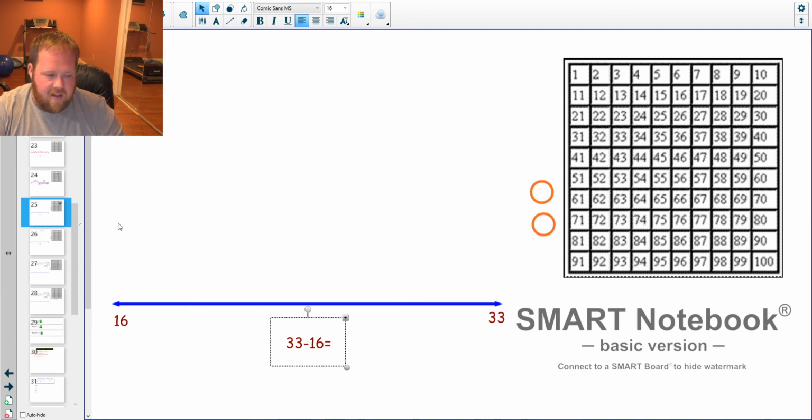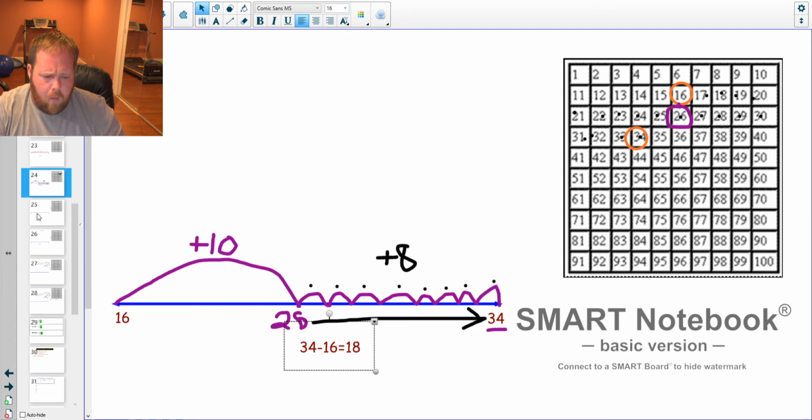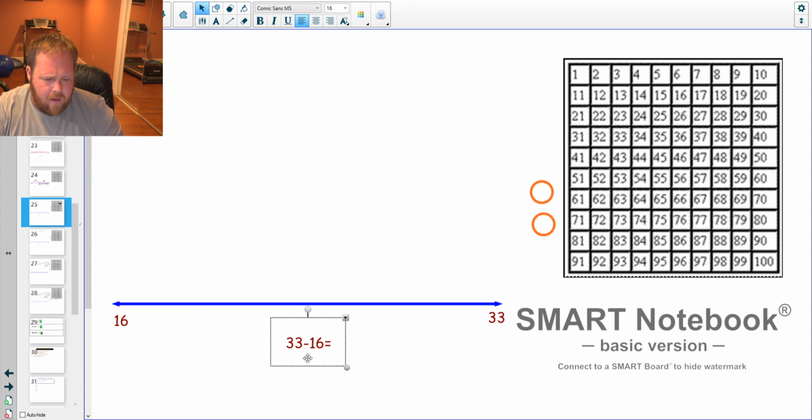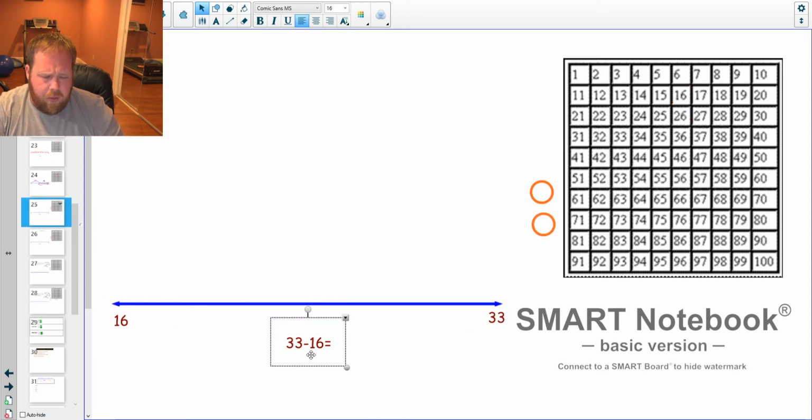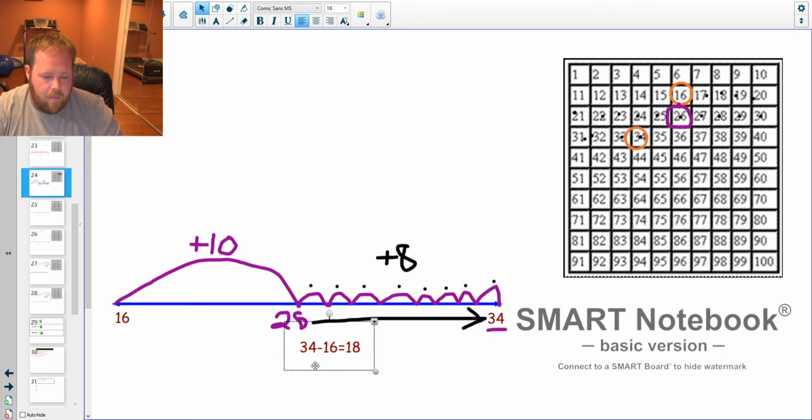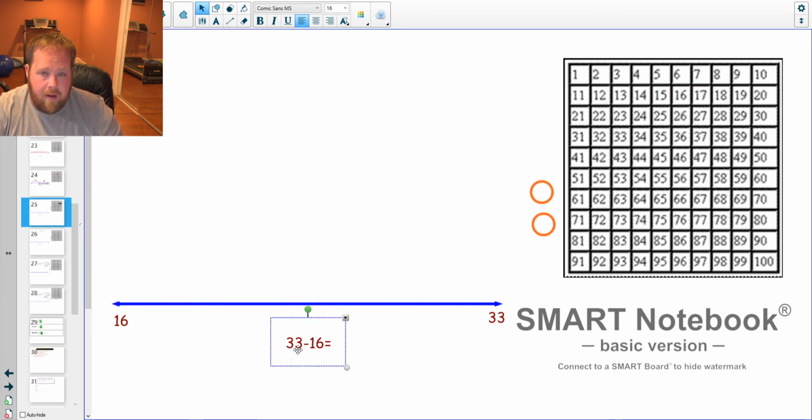Oh, all right. See, this one is a little bit different. Instead of 34 minus 16, it's 33 minus 16. We are not even going to do all of this because to go from 34 to 33, you only subtract 1.